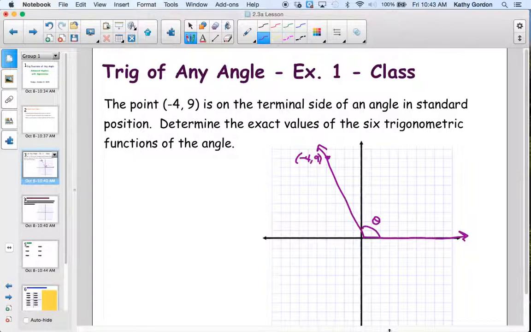Now, one of the kind of neat things about doing trigonometry on these rotational kinds of angles is that the answers that I get for this angle are the same as the answers I get for this one.